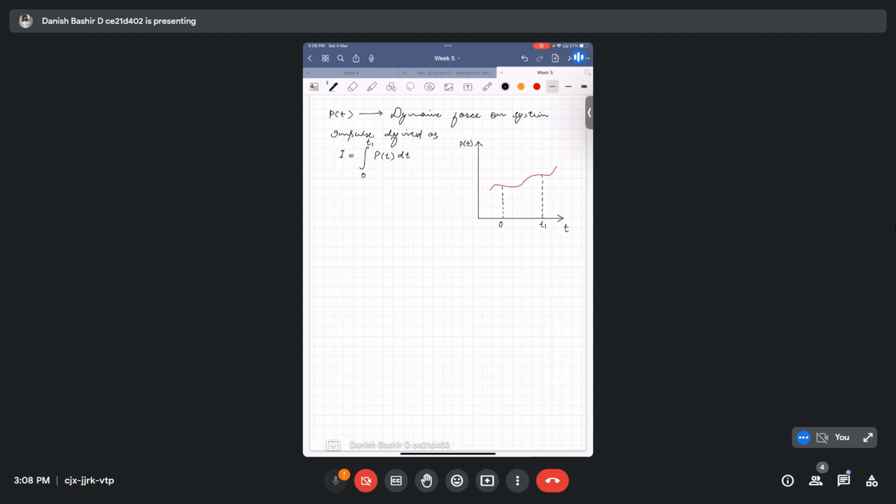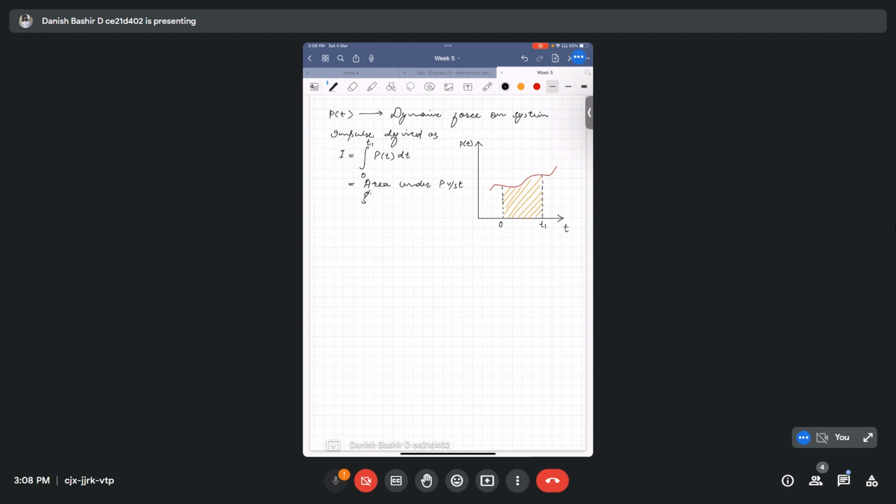When you look at this integral, it will be clear that it's actually the area under the force-time graph. Impulse is nothing but the area under the P versus t graph.